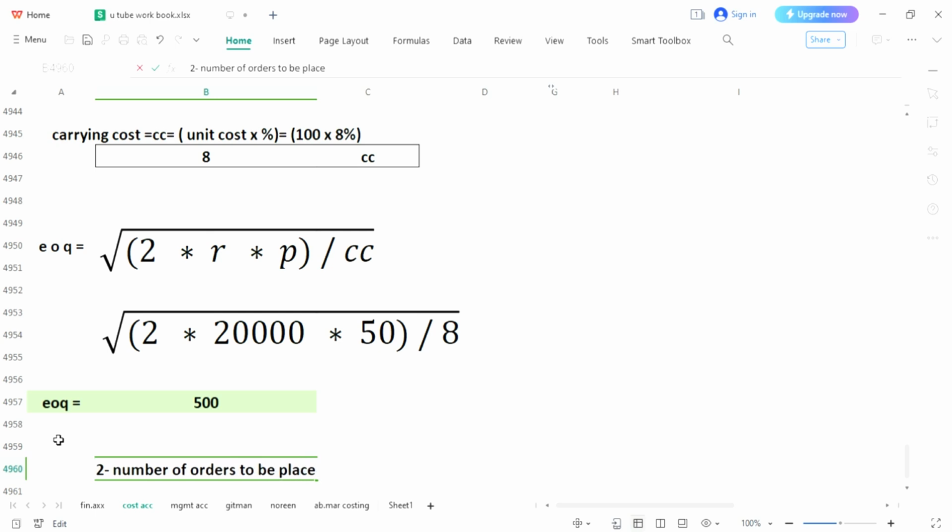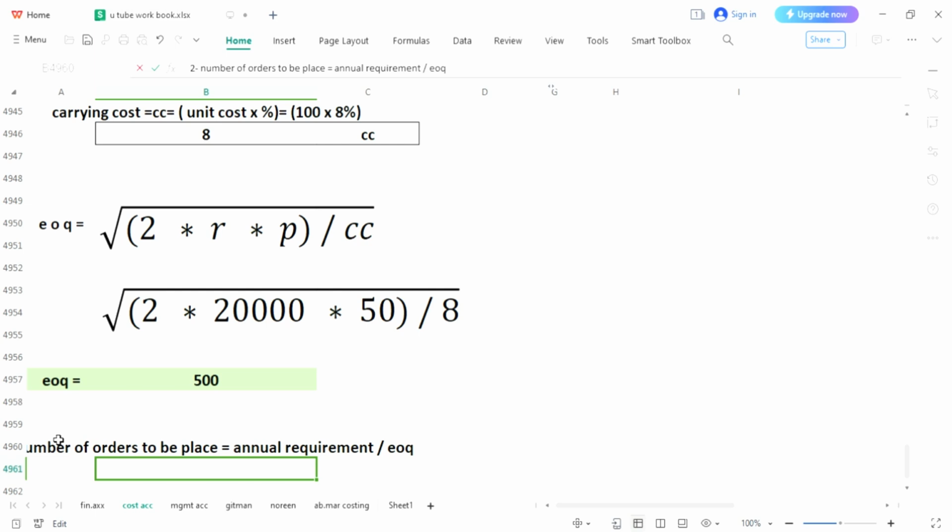For that, again we have a formula. Annual requirement would be placed over here, divided by EOQ. So in this way your formula would be completed.